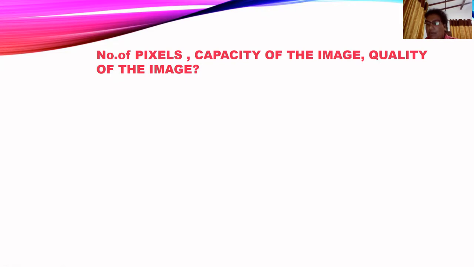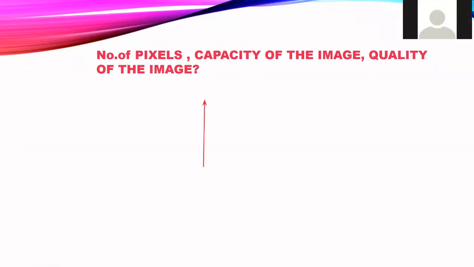Is it increase or decrease? Virun, is it increase or decrease? The number of pixels increases, right? That means it is directly proportional, right? So what about the quality, Virun? Quality?